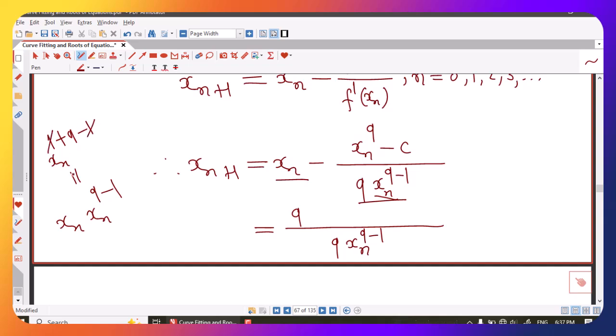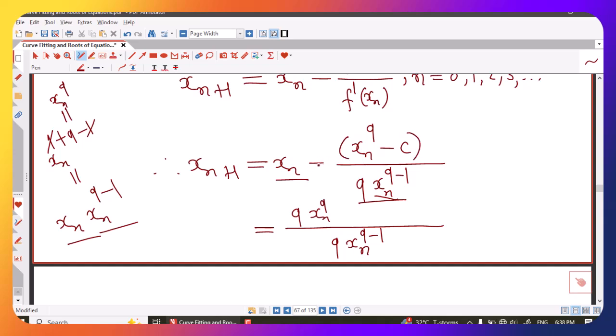The 1 will get cancelled and we are left with xn to the power q. So xn to the power q minus 1 times xn is equal to xn to the power q, that I have written directly, and this is in the bracket.